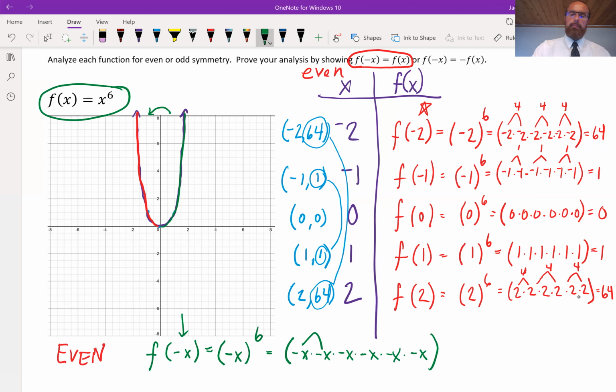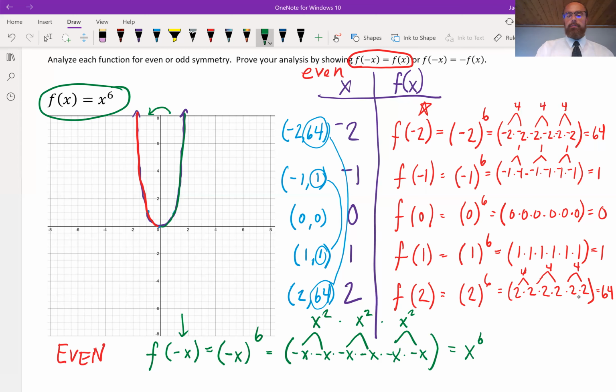Again, I'm going to pair them up just as we had done in the table to resolve the signs. So negative x times negative x is positive x squared for each of these pairings. And then x squared times x squared is x to the power of 4. x to the power of 4 times this last x to the power of 2 is x to the power of 6.